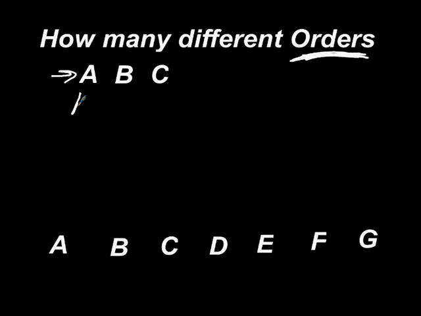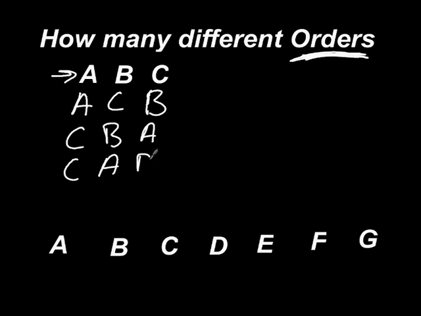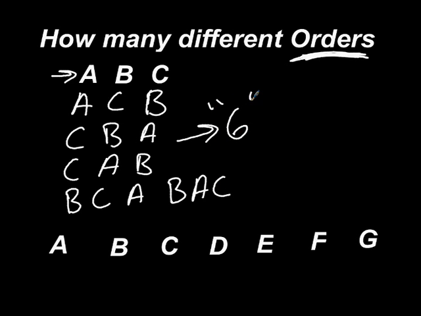Well, I can do A, B, C, I can do A, C, B, I can do C, B, A, I can do C, A, B, I can do B, C, A, and lastly I can do B, A, C. That ends up being 6 different options for ABC put into different orders.